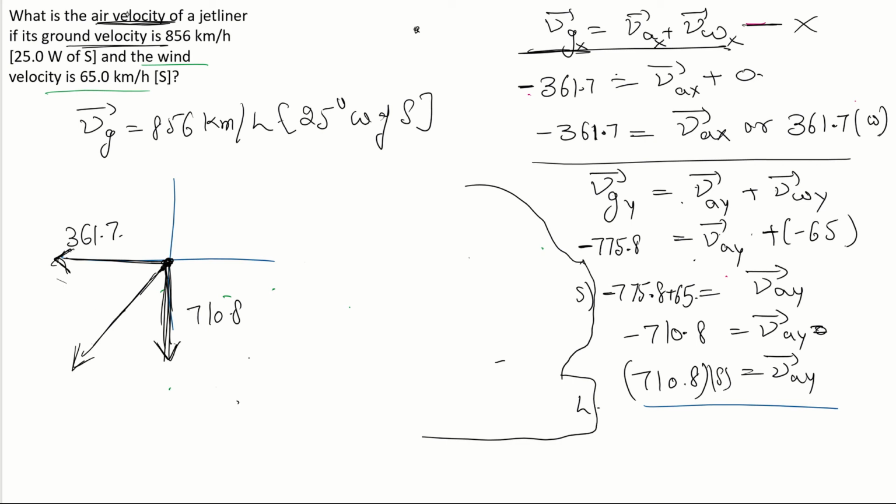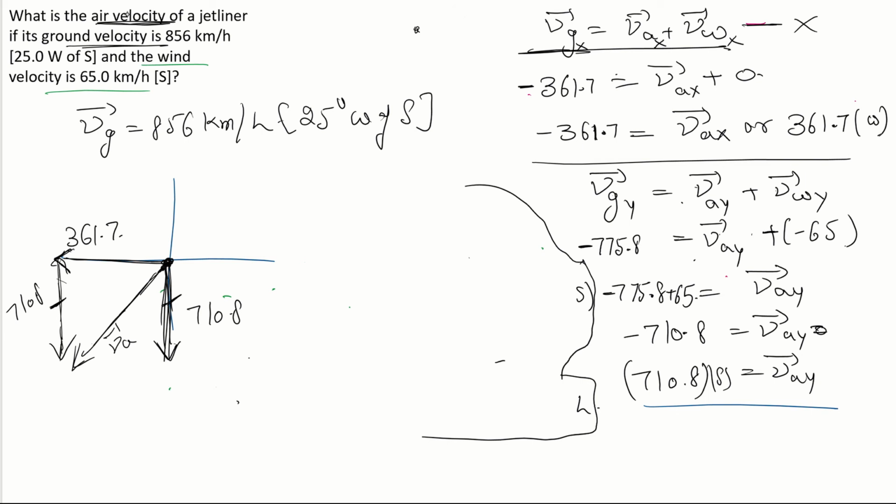So now I will draw the resultant. This is the resultant, this is Va, and this vector is equal to this vector, so I'm going to call it 710.8. So 710.8 squared plus 361.7 squared, and then square root of the answer.